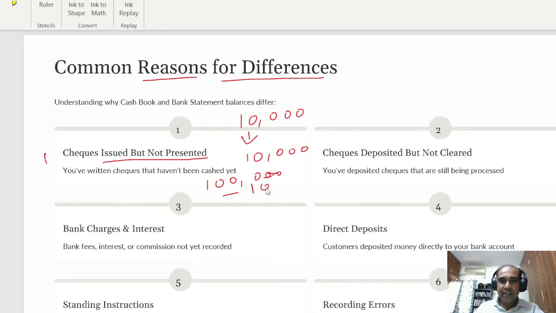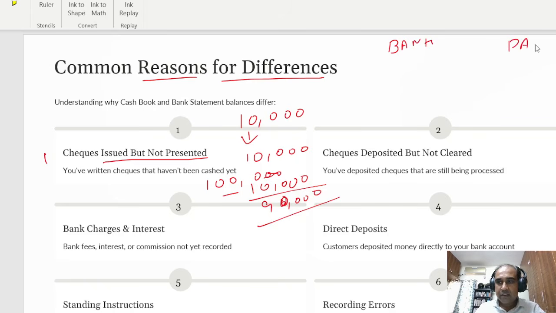If I reduce 10,000 rupees, it should be 90,000 rupees. So I record 90,000 rupees in my bank book. But since the check is not presented, my passbook still shows 1 lakh rupees. So this is check issued but not presented. So what happens in this case? This is my bank book.